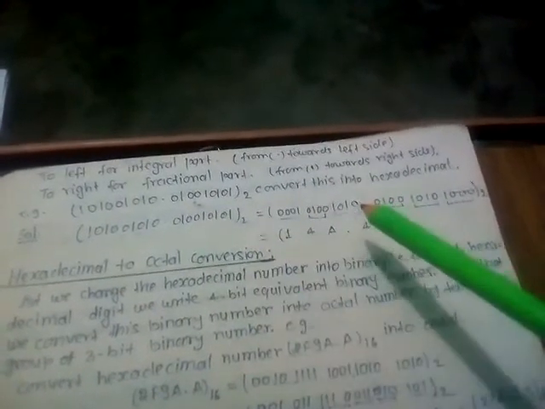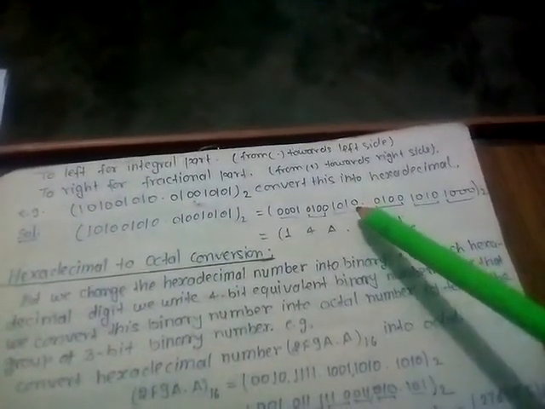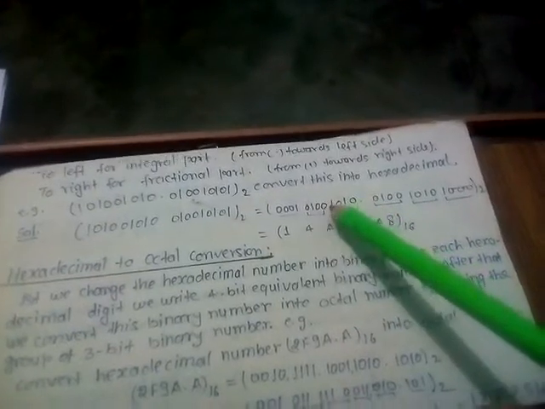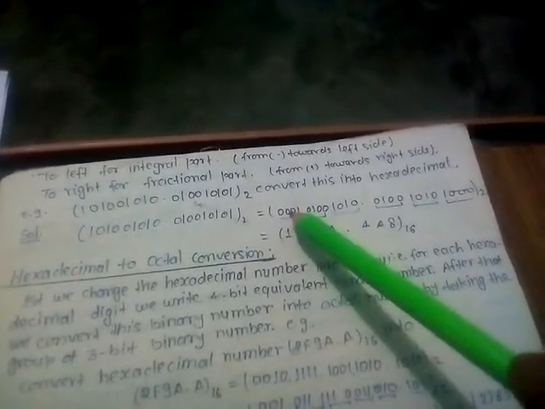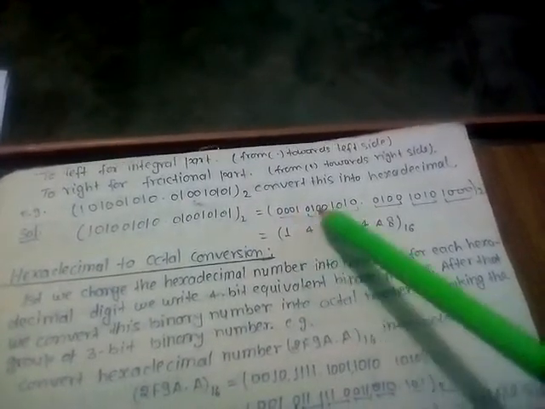Then this is the binary number we have to convert into a hexadecimal number. Start to make groups of 4 bits from here. This 4, then this 4, and write the hex equivalent of this.